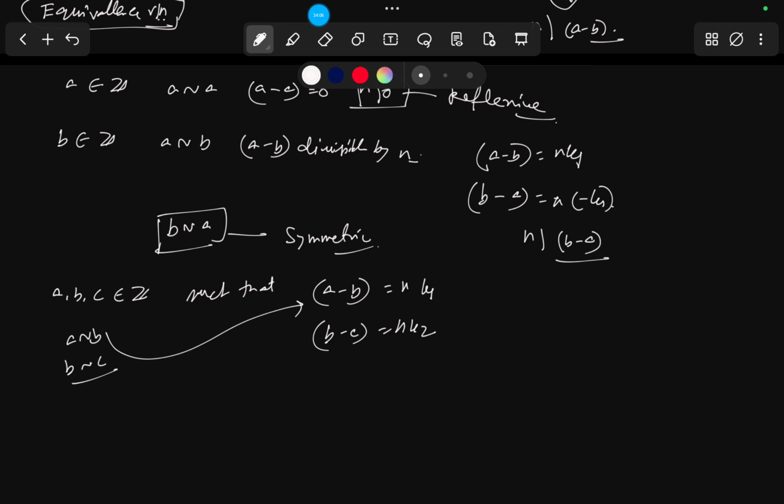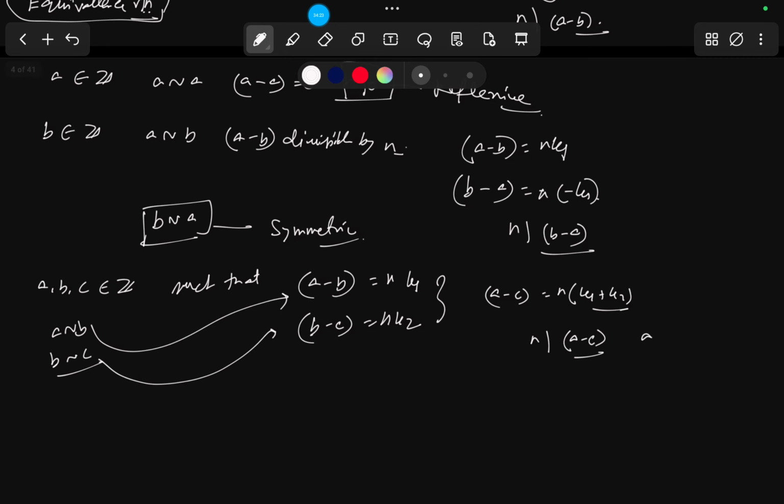So a related to b means a minus b is divisible by n, and b related to c means b minus c is divisible by n. So if we add them up, we get that a minus c is n times (k1 plus k2), so n divides a minus c, which means that a is also related to c. So these basically give transitivity.